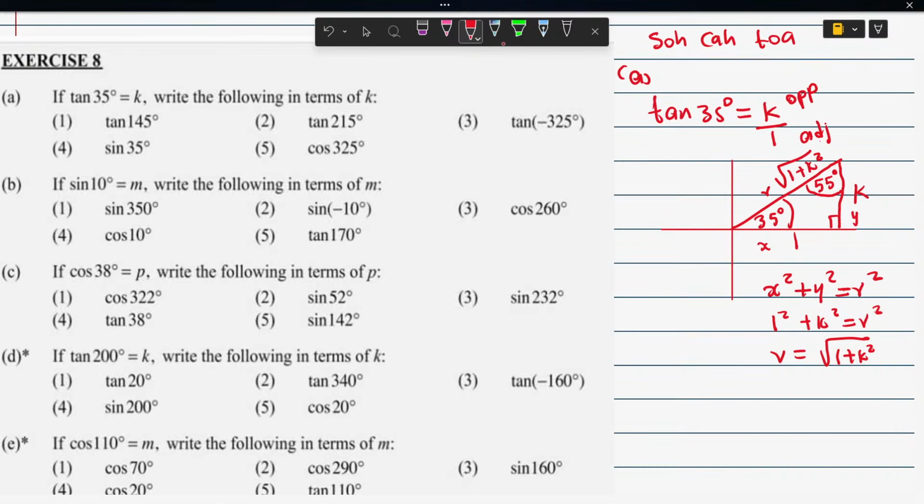Now, let's go to the first question. What is the first question all about? They are looking for tan 145 degrees. So how do you reduce tan 145? One angle should come from 180 degrees minus, 180 degrees plus, or 360 degrees minus, where you should subtract from these angles.